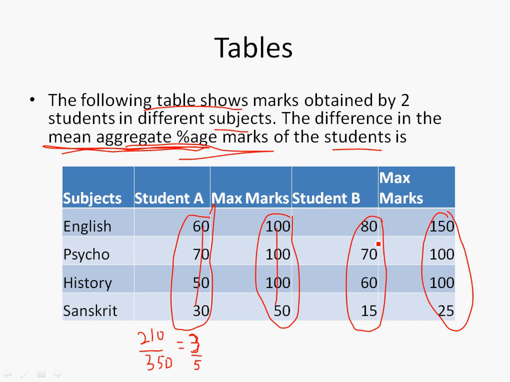Now let's find this. This becomes 80 plus 70 plus 60. You can see this is 70 plus 70 plus 70 essentially, so 210, plus 15, 225. So 225 divided by how much? 100, 100, 200 plus 150, 350, 375.